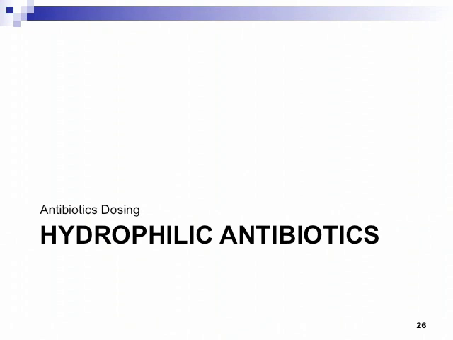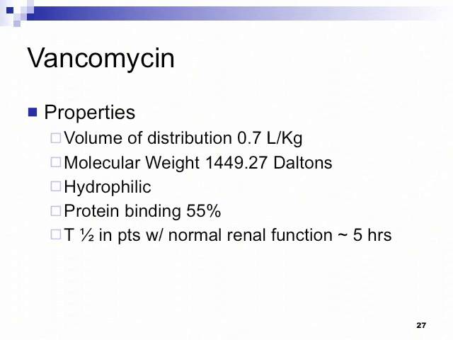Let's look into the hydrophilic antibiotics. First of all, we talk about vancomycin. It has a low volume of distribution, only 0.7 liter per kilogram. Not much. For a guy with 60 kilograms, the volume of distribution is around 40 to 50 liters. The molecular weight is more than 1,000 Dalton.